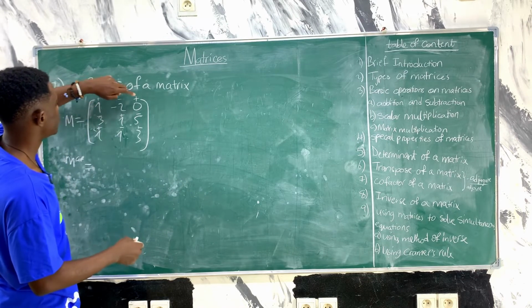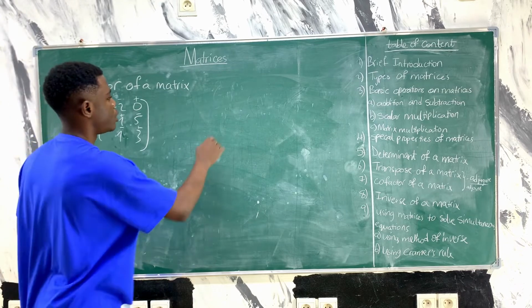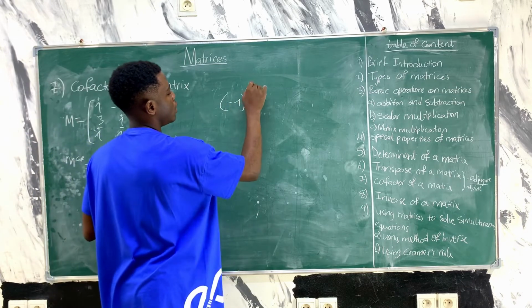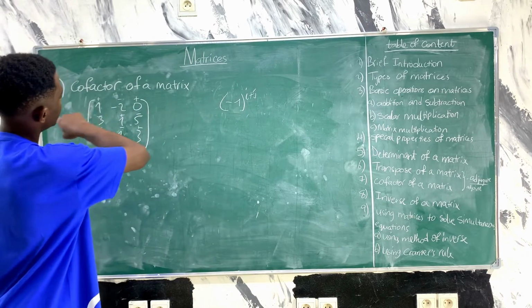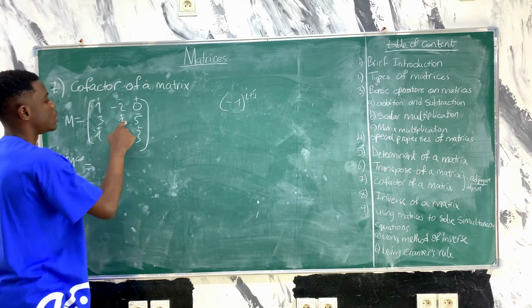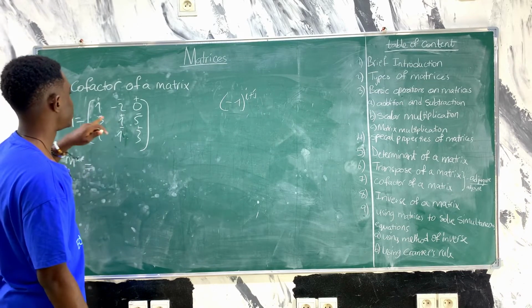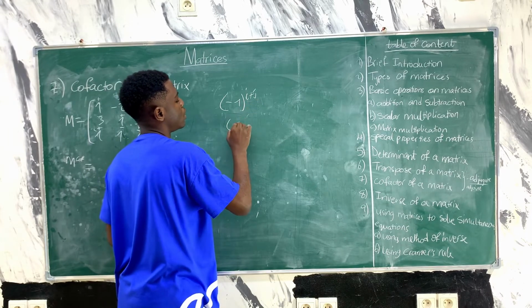If you doubt, you can use this formula: minus 1 to the power i plus j, where i is the position of the row and j is the position of the column. Second row and second column.